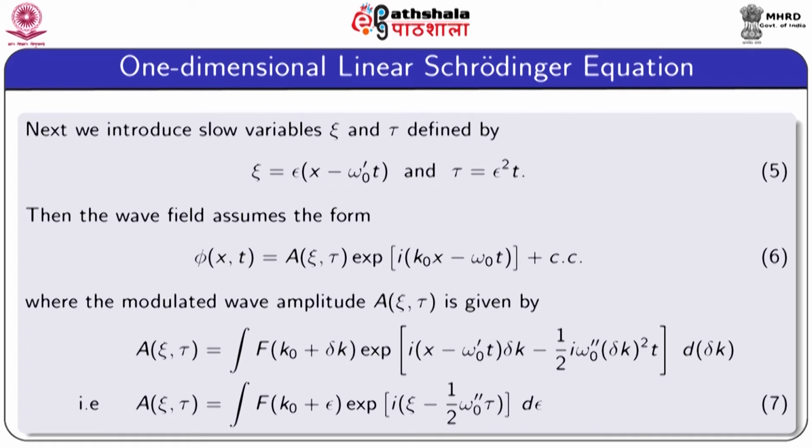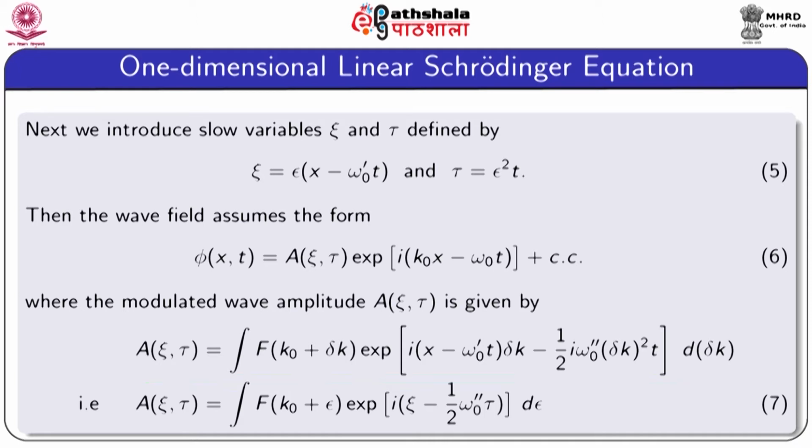Then the wave field assumes the form phi equals A, which is a function of the slow variables xi and tau, into e to the power i(k0 x minus omega 0 t) plus its complex conjugate, where the modulated wave amplitude A is given by A equals integration f(k0 plus delta k) e to the power i[(x minus omega 0 dash t) delta k minus half omega 0 double dash delta k square t] d(delta k).